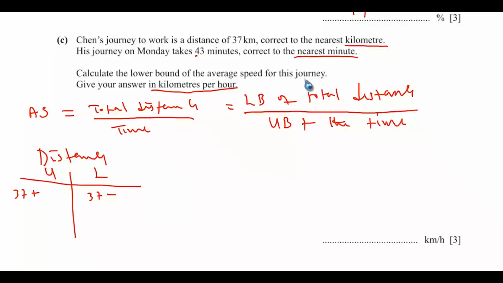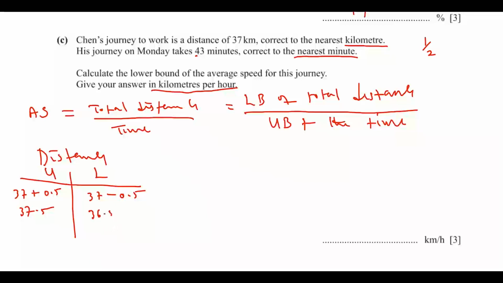That something has to do with the degree of accuracy. It is to the nearest kilometer, that is 1, so the degree of accuracy should be divided by 2. So we're going to have 0.5. So the upper bound of the distance will be 37.5. The lower bound will be 36.5.